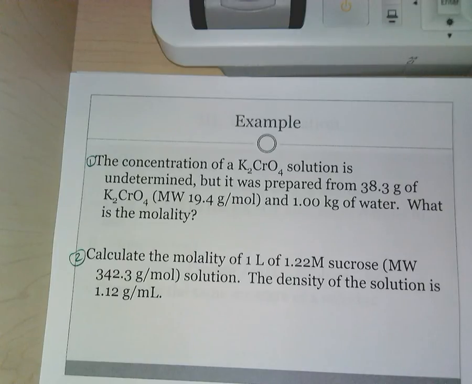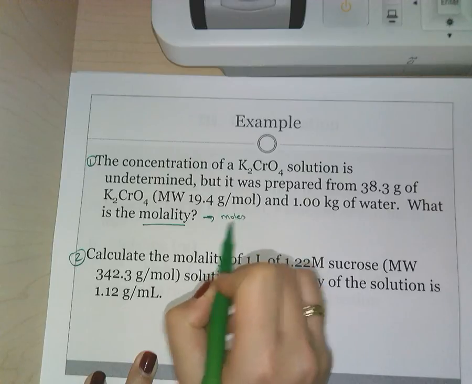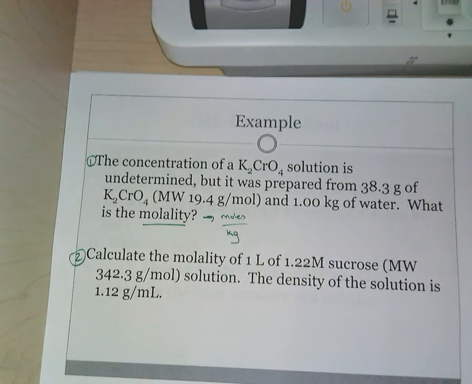But I know that I put in 38.3 grams of potassium chromate, and I combined that with 1 kilogram of water. So the question is, I want molality, which again is moles per kilogram. So what's the first thing I need to do in order to figure out this molality? I have to figure out how many moles.